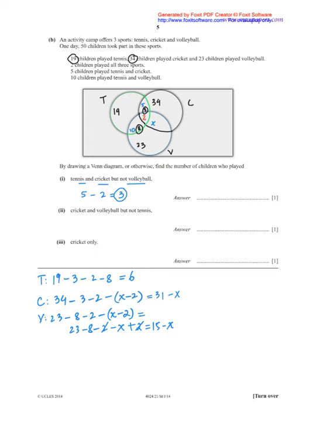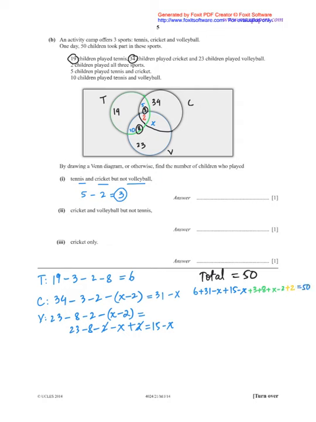So the total number of students we have is 50. If I add all the totals, firstly it will be 6 plus, the next one is 31 minus x, plus 15 minus x. Now I will add all the intersections, that is 3, 8 and x minus 2, and the last one is the intersection of all 3, that is 2, and the sum is equal to 50.